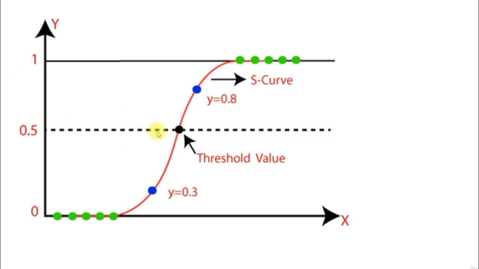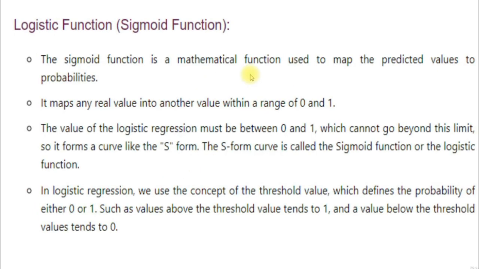And for example, if logistic regression predicts that y = 0.3, based on our threshold value it is less than 0.5, so we'll predict it as 0. So this is how logistic regression works with the help of this S curve. You can generate that S curve with the help of the logistic or sigmoid function. It is just another mathematical function and it has a curve like the S shape that we already saw.